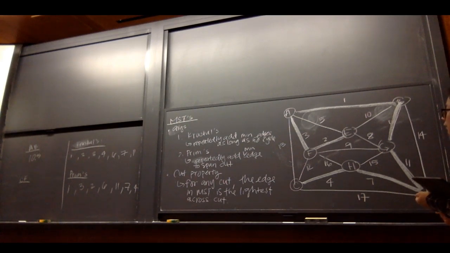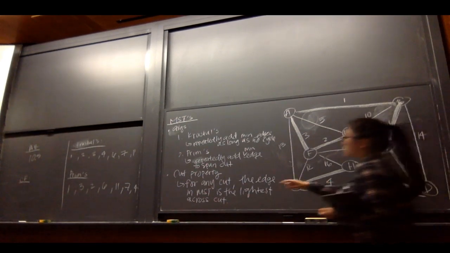So for AB, I want to consider when it would not be in the MST. So if I think about the order in which Kruskal's would select these weights, at some point AB wouldn't be in the consideration, right?